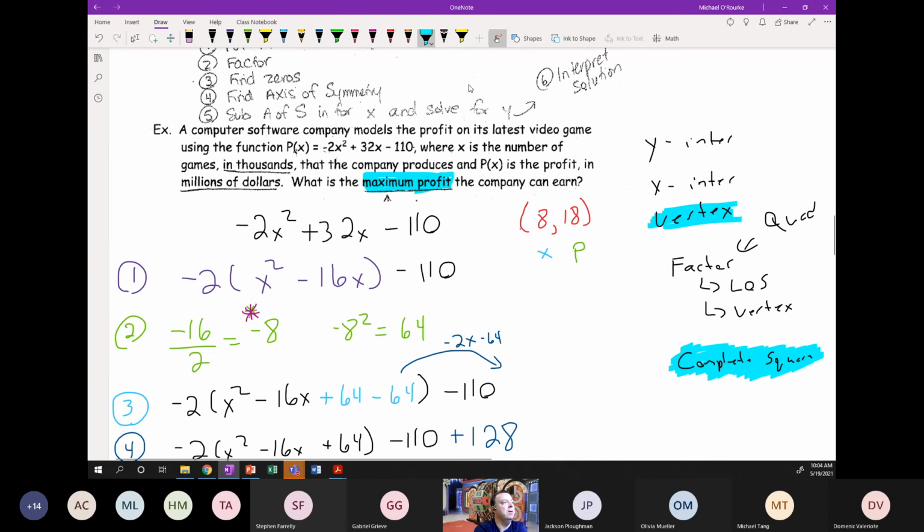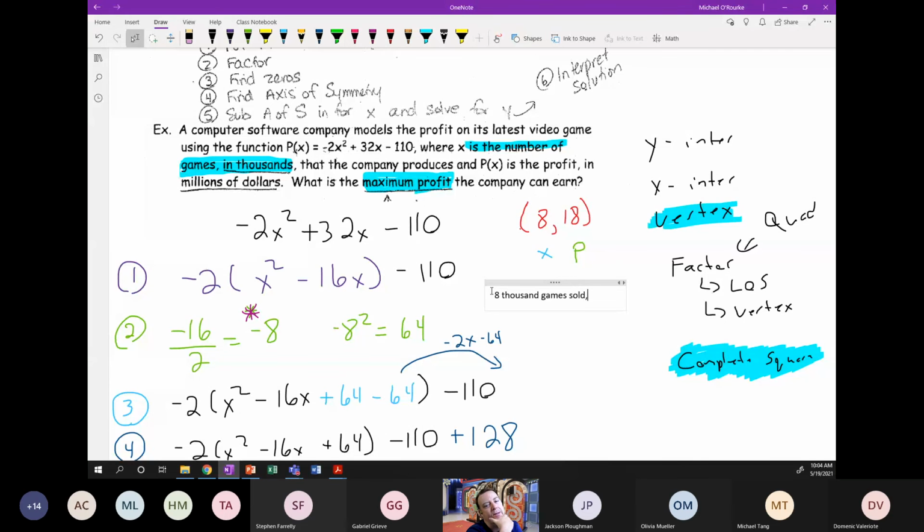Now, if we take a look here, X is the number of games in thousands sold. So can someone tell me how many total games were sold by the company? 8,000 games. Good. And P is profits in millions.